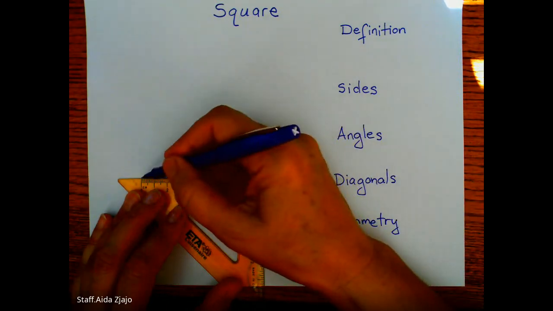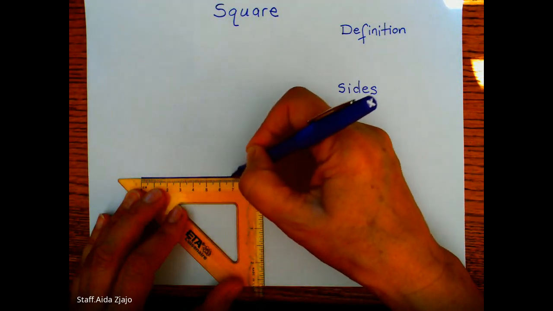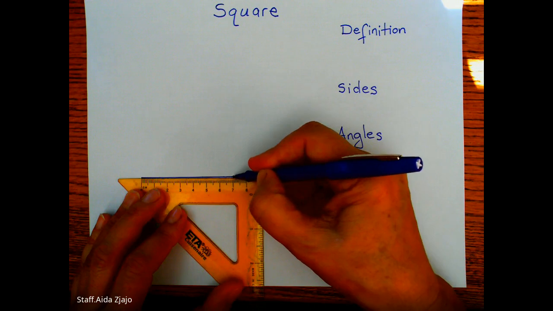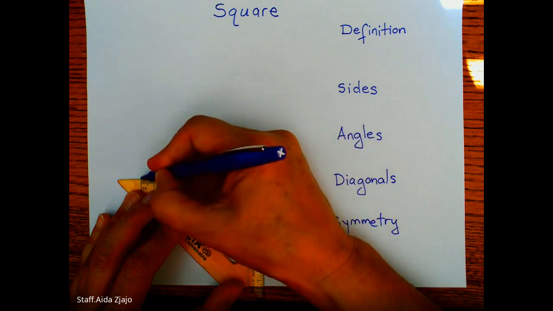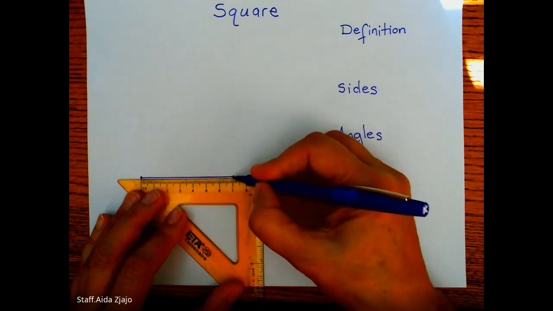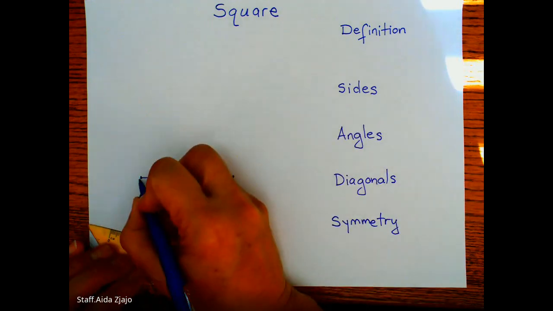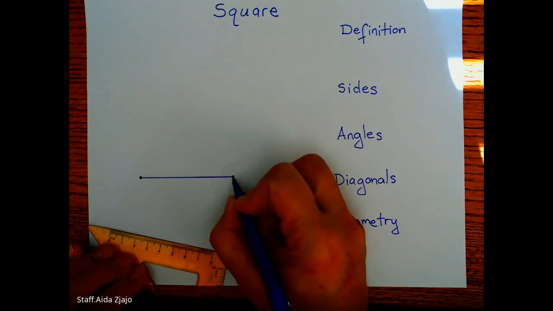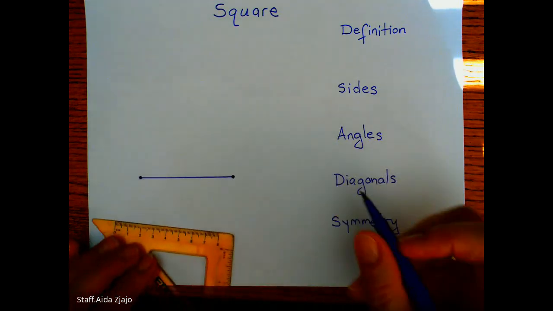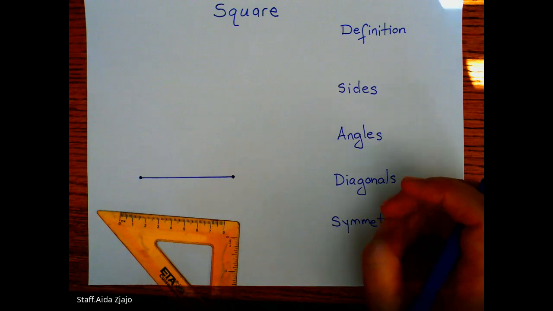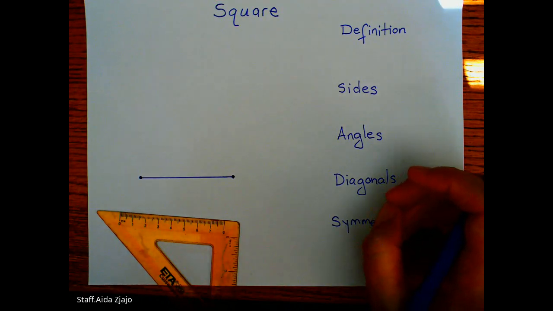So let's see. So this is 7 centimeters. Okay, and this is one segment that is going to build my square. And I need three more like that.